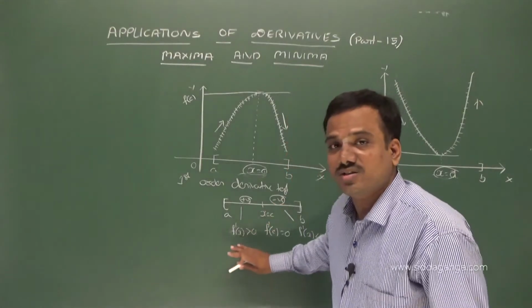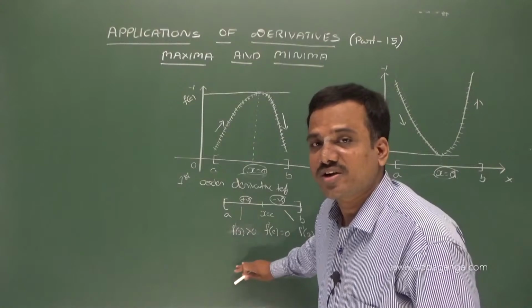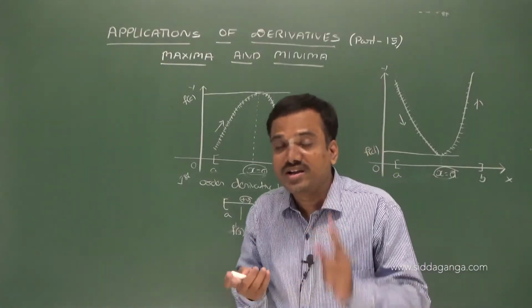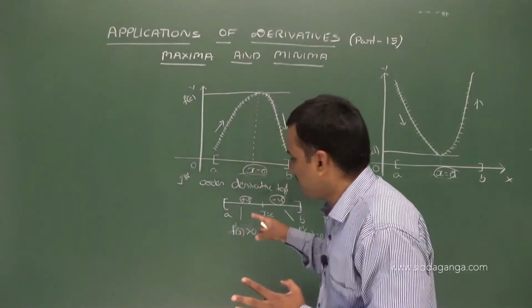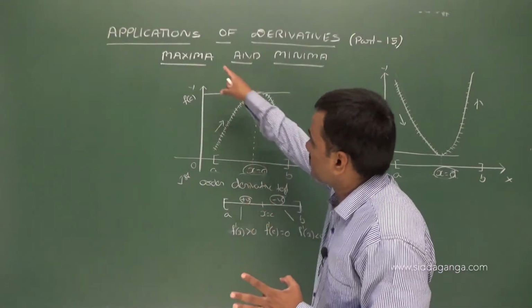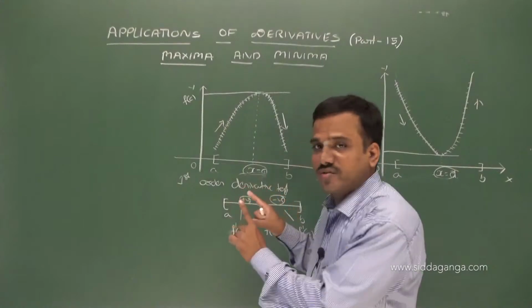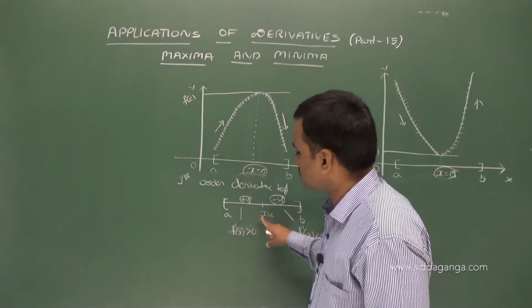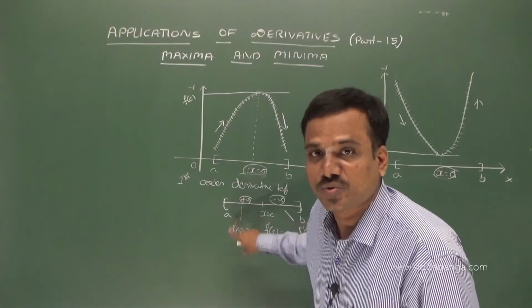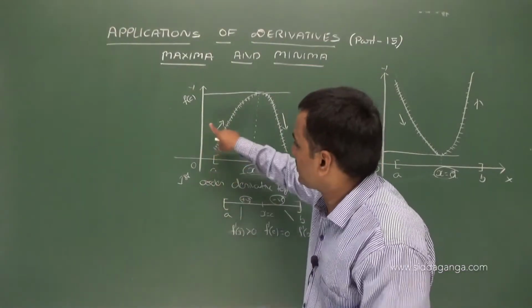This is the first order derivative test. Why did I discuss increasing decreasing function last time? Because I link it to here. First order derivative test: when it is maximum value, from a to c it is positive. That means it goes on increasing.